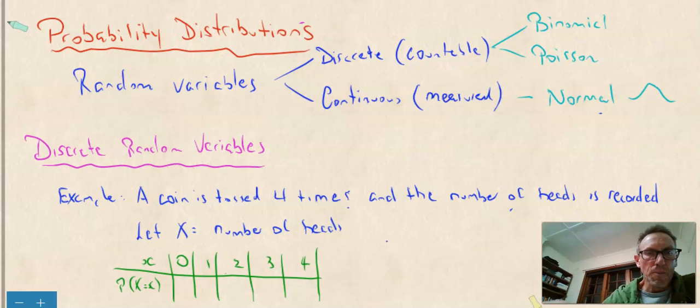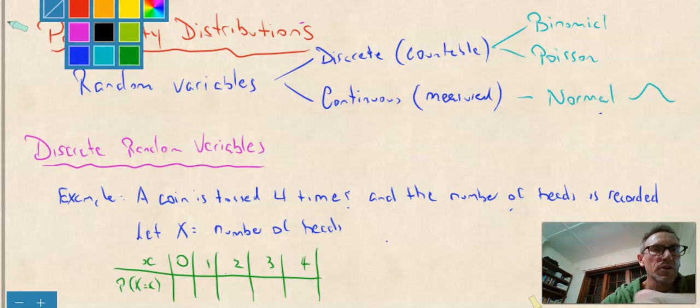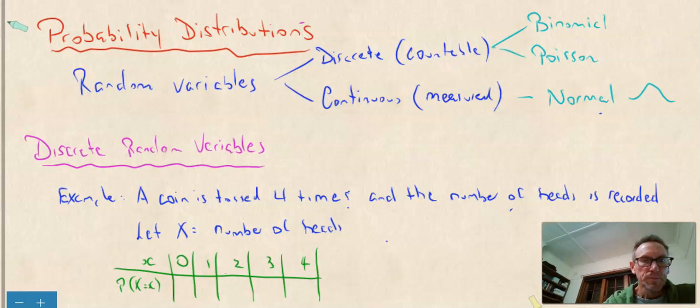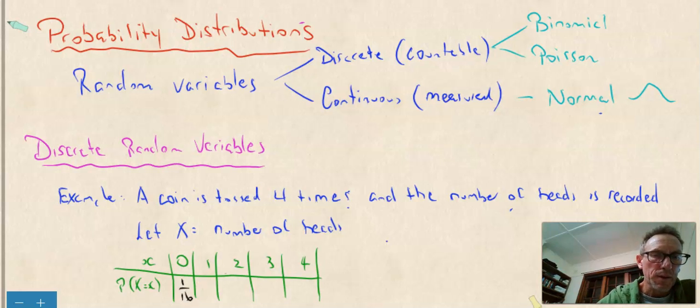So what's the probability of having no heads, so they're all tails? The probability of 4 tails will be 1 in 16. The probability of 1 head and 3 tails: in this case, there are going to be 4 outcomes that work out of the 16.